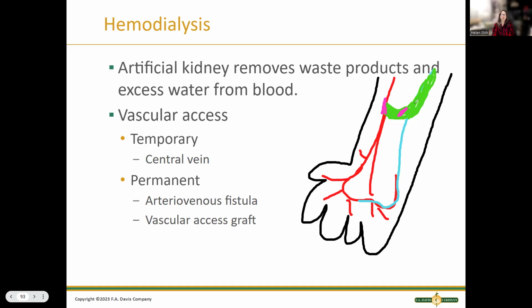Usually, the patient will be on 16 gauge or 14 gauge needles. I knew one patient who even used a 12 gauge needle for his hemodialysis.